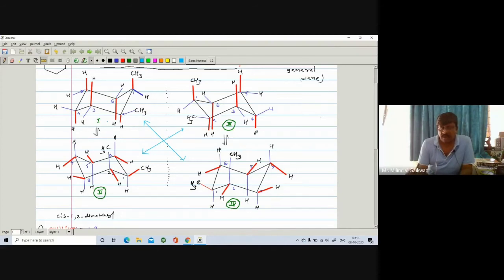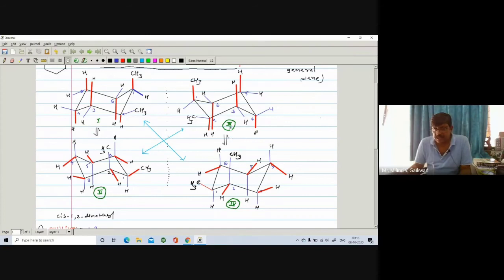Similarly, 2nd and 4th are also enantiomers, right? I will say that structure number 1 and structure number 4 are the same, right? So 1 and 4th are the same.